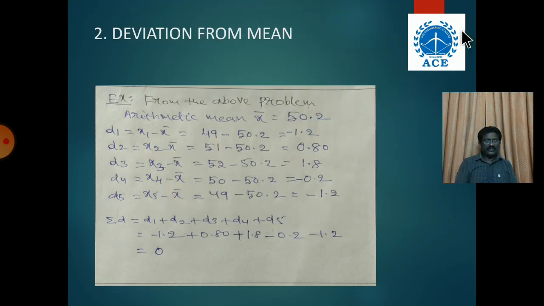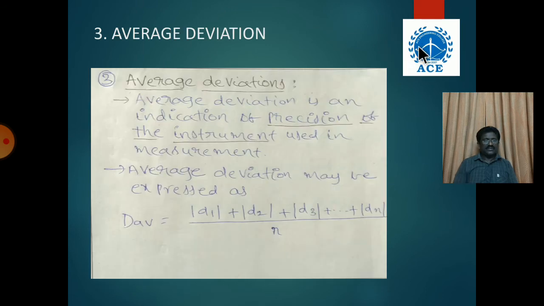Next I am going to explain the third one, average deviation. Average deviation is an indication of the precision of the instrument used in measurement. Precision is not accuracy, because to calculate precision you have to consider a group of readings, and among those readings choose some particular value.